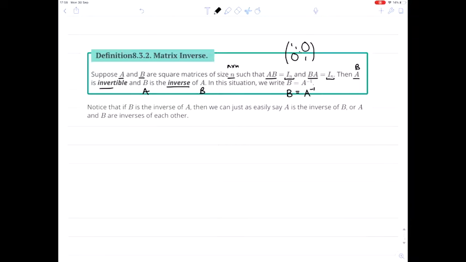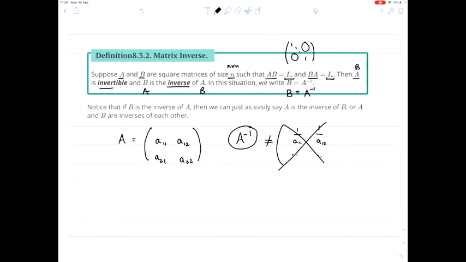If we have some matrix A, I'm just going to use a 2 by 2, so let's have A11, A12, A21 and A22, then A to the minus 1 is not anything crazy like 1 over A11, 1 over A12, whatever crazy thing you might think. This A to the minus 1 is the inverse of A, and it could look quite different from A.